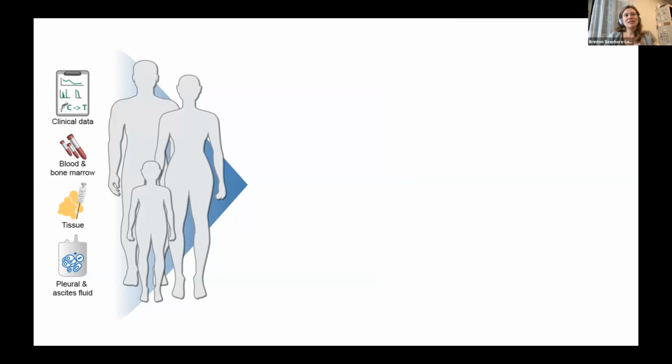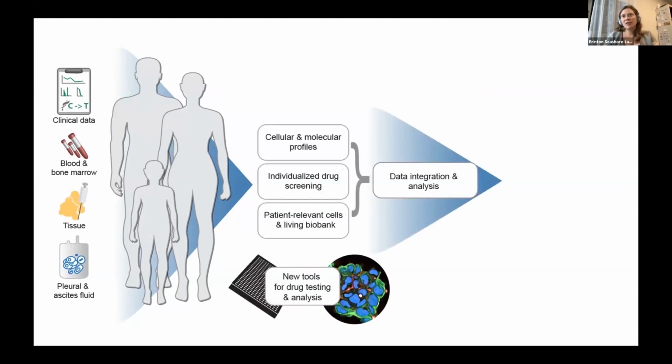We get clinical data, blood and bone marrow, tissue, and then these pleural and ascites fluids. We then do cellular and molecular profiles and individualized drug screening on these, and we create patient-relevant cells and living biobanks of these. And part of our work goes to developing new tools for the drug testing and analysis.